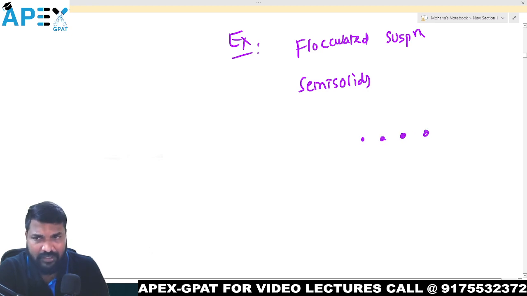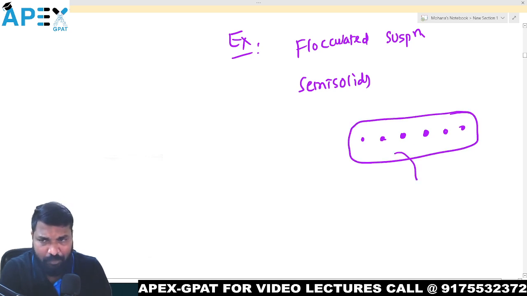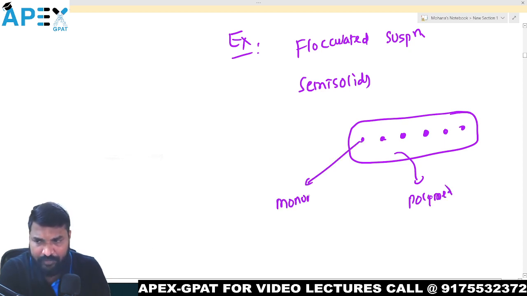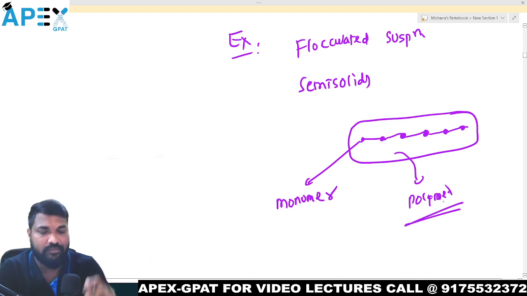Now, this entire system we call the polymer, and this one we call the monomer. How does the polymer form? The cross-linking of one monomer to other monomer, that we call the polymer.